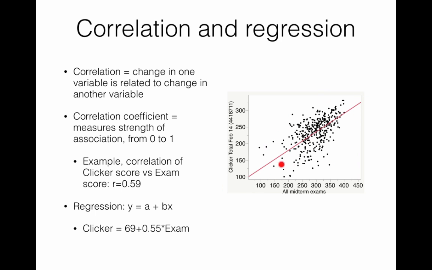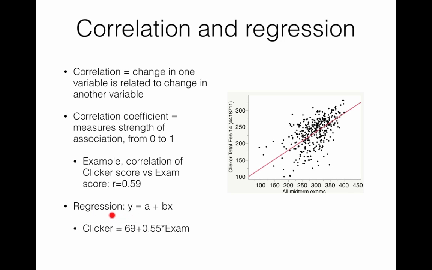So there's a fairly good correlation between your performance in clickers scores and your performance in the midterm exam. We can even get a line that will enable us to predict how a given change in the midterm exam would be matched by a given change in the clicker total.